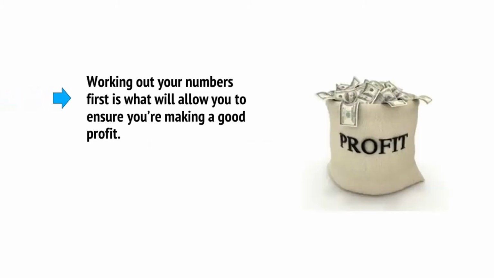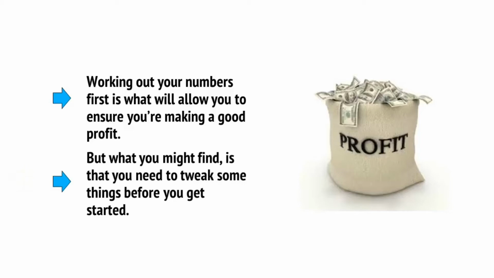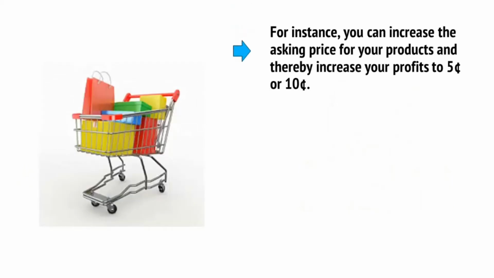Working out your numbers first is what will allow you to ensure you're making a good profit. But what you might find is that you need to tweak some things before you get started. For instance, you can increase the asking price of your product and thereby increase your profits to 5 cents or 10 cents.